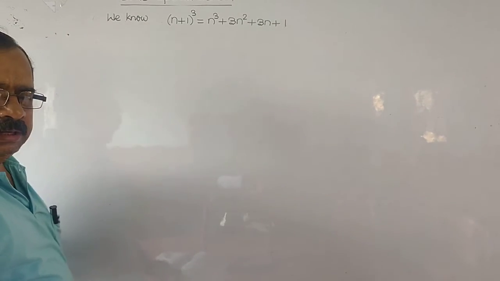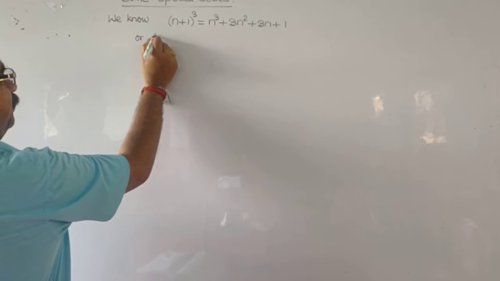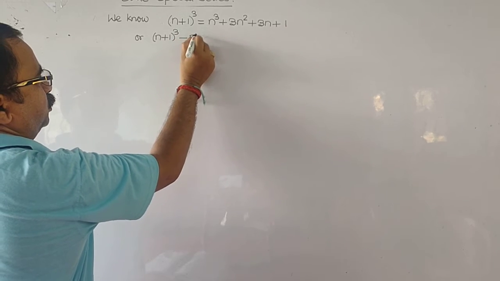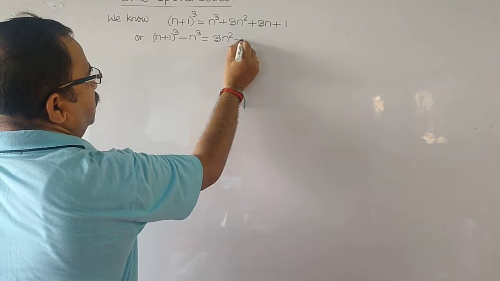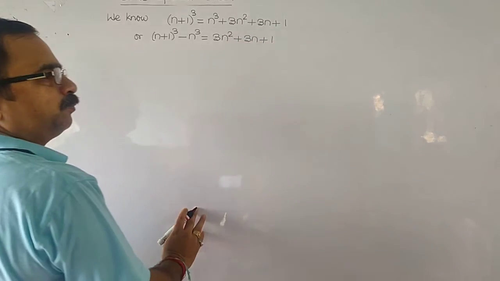We know it very well. So (n plus 1) to the whole cube minus n cube is 3n square plus 3n plus 1.